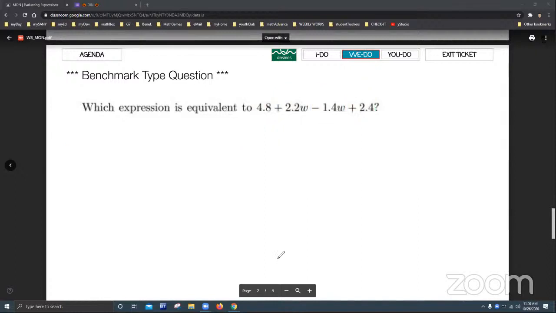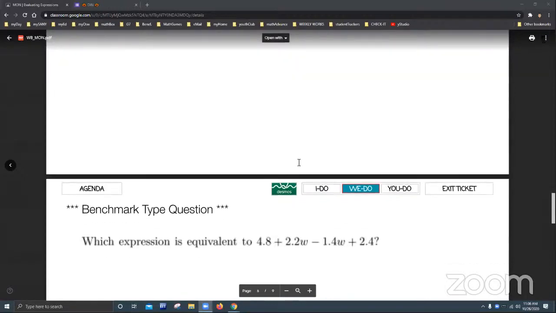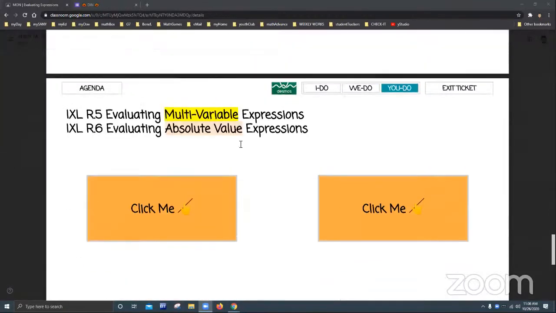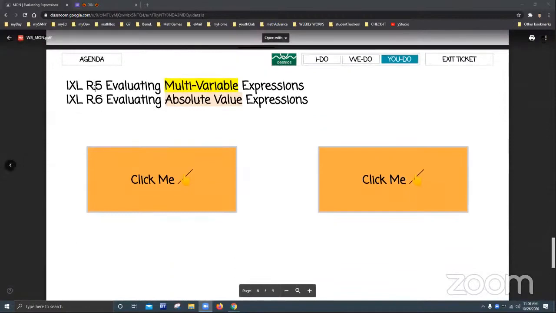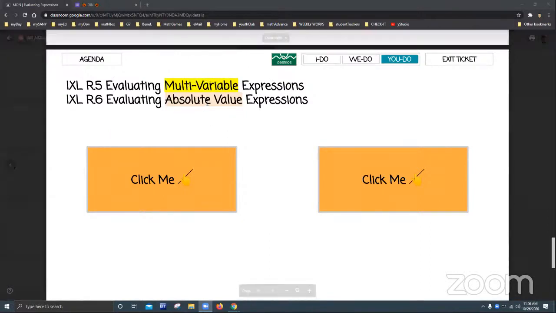Now I'm going to enable the chat box. You can ask questions. Okay. While you're doing that, there are two practices that you need to do today: R5 and R6. R5, as I showed you in the first slide, is multivariable expressions. R6 is expressions with absolute value.